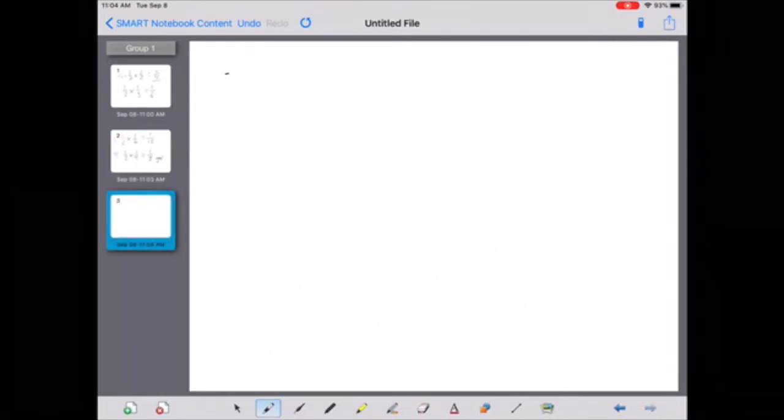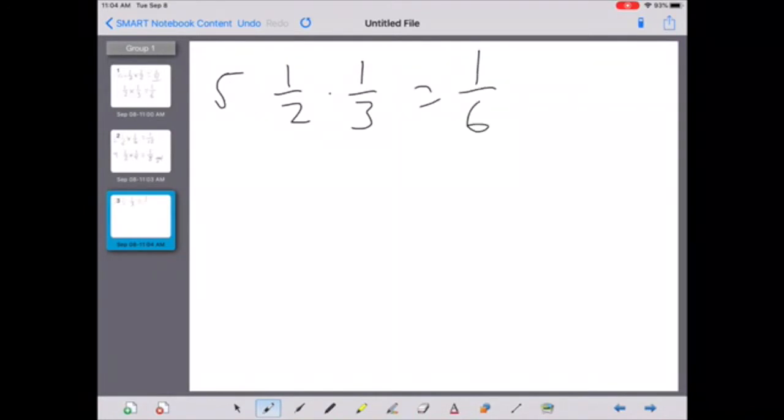Number 5, Luz exercised for half an hour. Luz jogged for 1/3 of her exercise time. She jogged for 1/2 of an hour and did 1/3 of that time. Half times a third is 1/6 of an hour. Number 6, 4 friends equally divided a whole pizza for lunch.